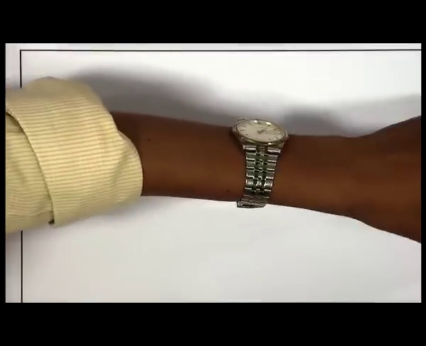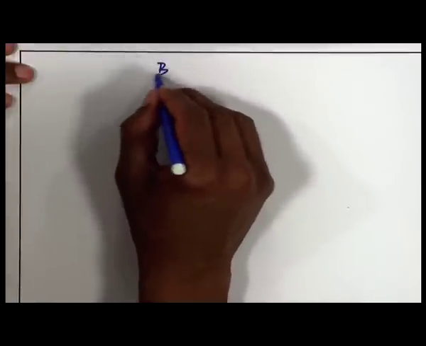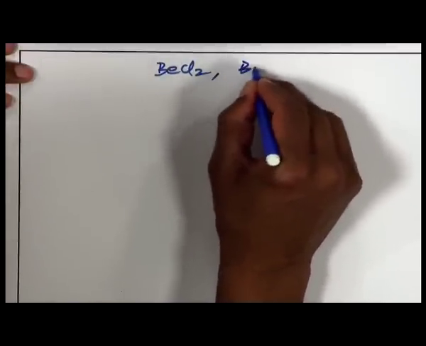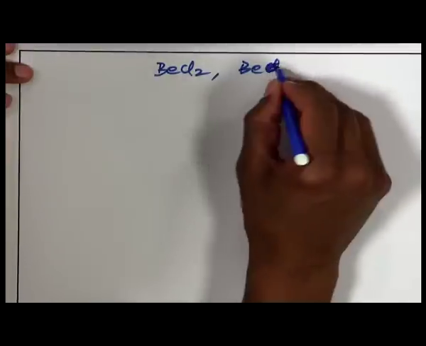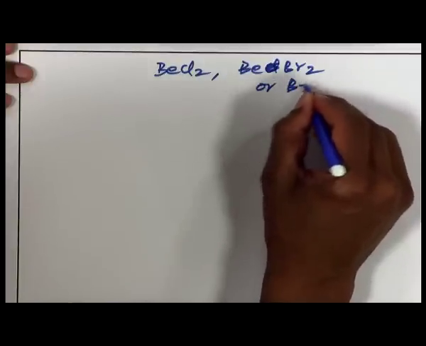Now let us see a simple case of bond formation involving s orbitals, a simple molecule such as beryllium Cl2, or Br2, or beryllium dimethyl.